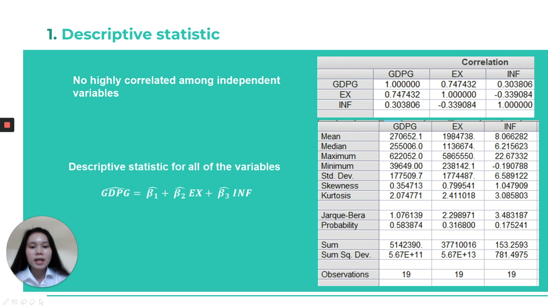We can see clearly that there is no high correlation among the regressors, and both export and inflation variables have a positive relationship with GDPG, while export and inflation are in a negative relationship with each other.